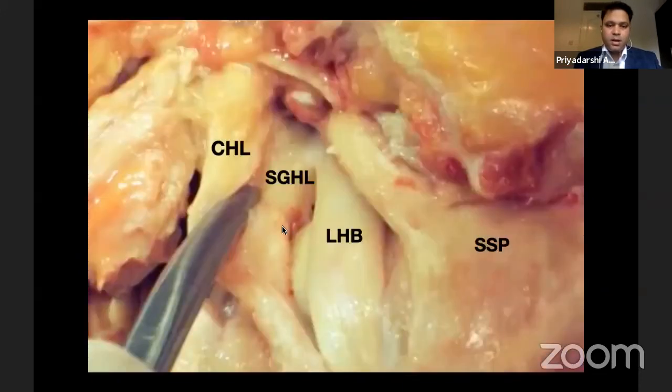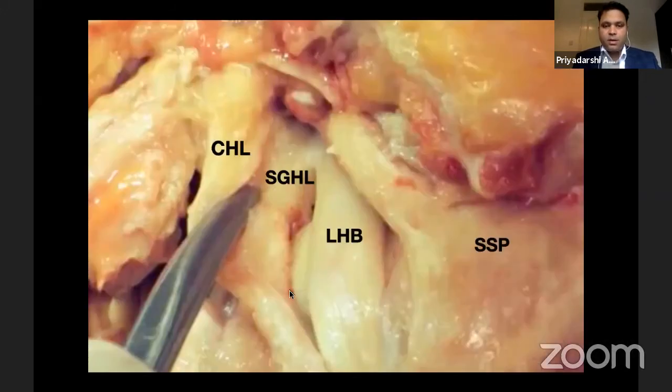However, from the lateral side, if you pull the coracohumeral ligament anteriorly, that exposes the superior glenohumeral ligament underneath it, and you can see that it's forming the medial pulley of the long-headed biceps tendon.